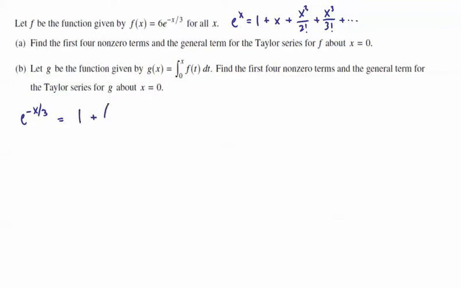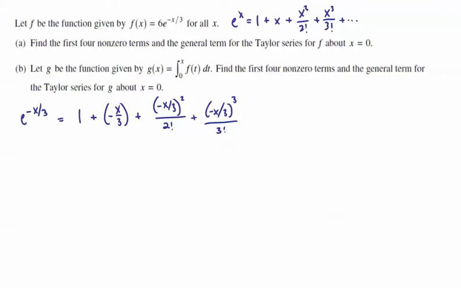So 1 plus negative x over 3 plus negative x over 3 squared over 2 factorial plus negative x over 3 cubed over 3 factorial.